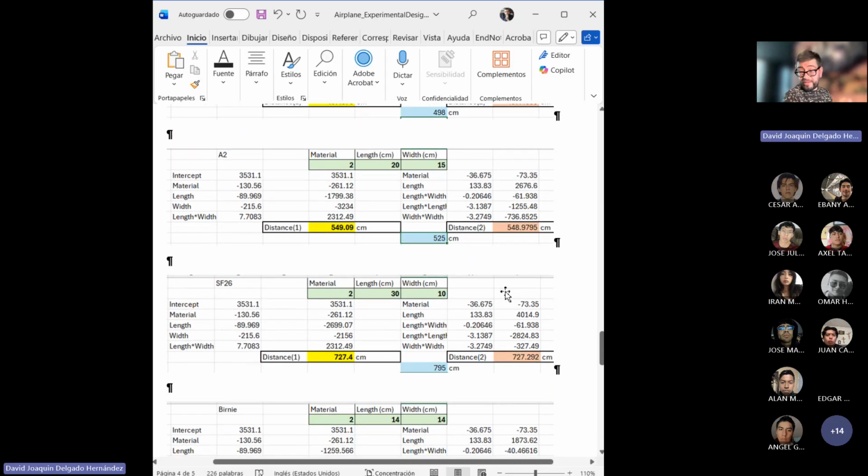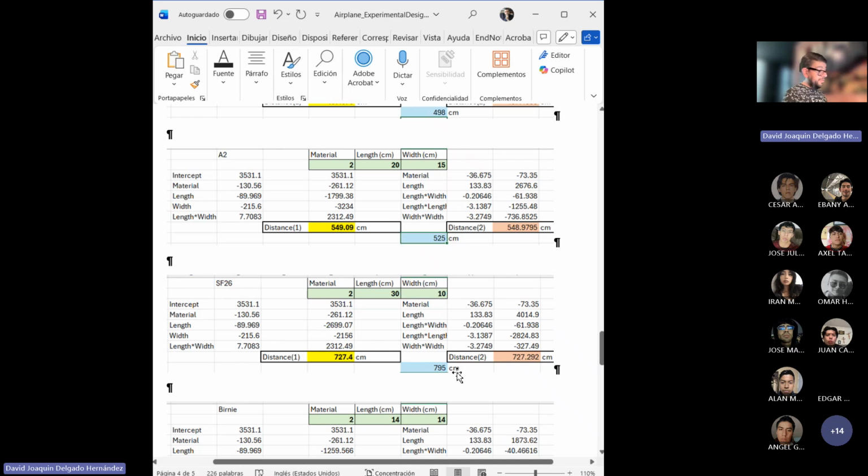What about team number 3? In this case, the airplane was called SF-26, and these are the predicted distances, 727 and 727 as well, but the actual real-life distance was 795.